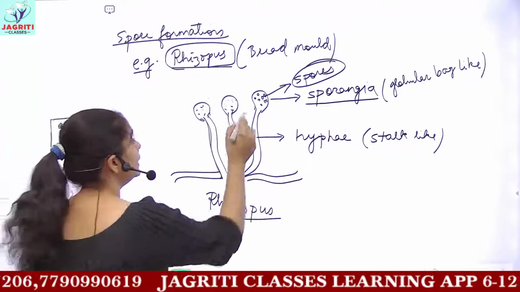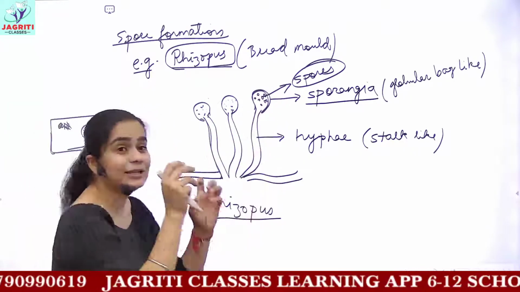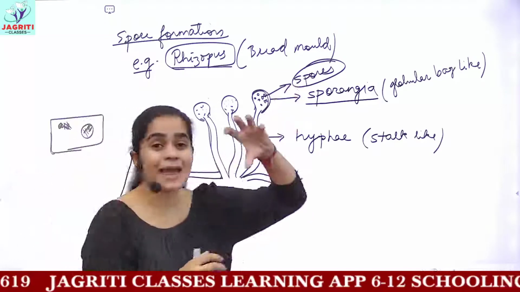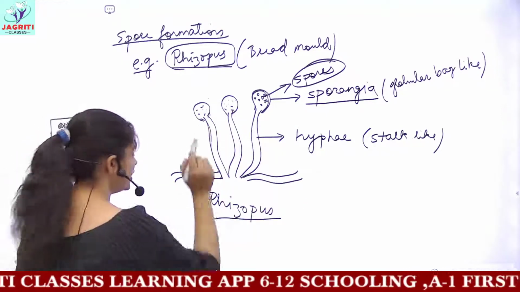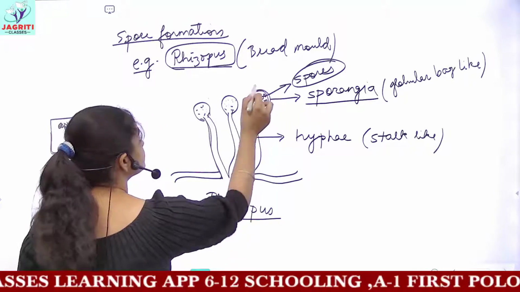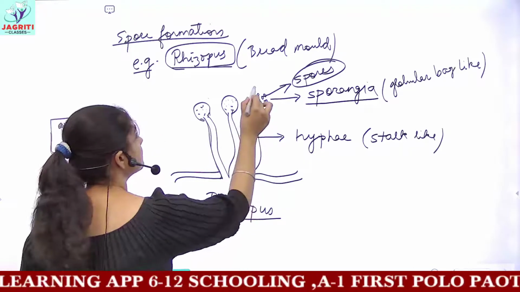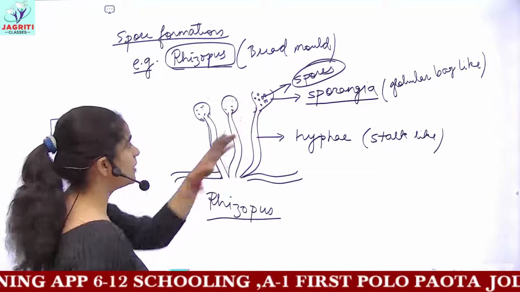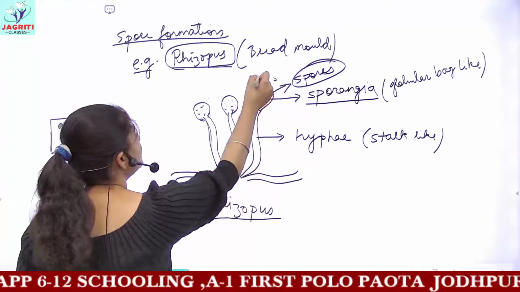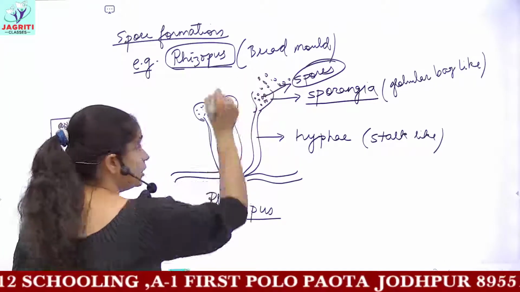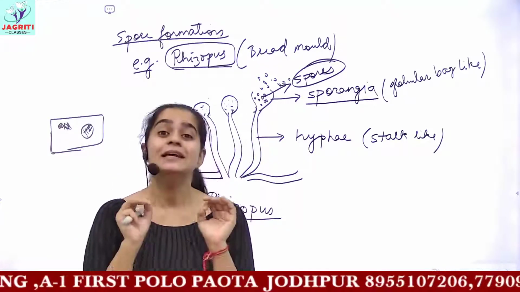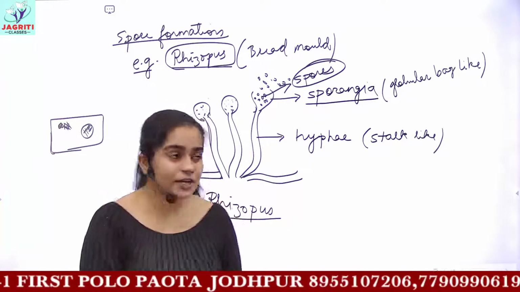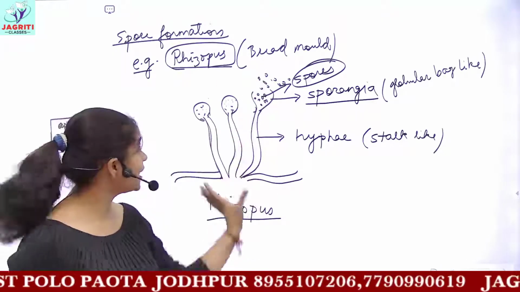Whenever under favorable conditions, the sporangia, which is your bag-like structure, bursts open, and once the sporangia burst, all these spores are liberated to the nearby surroundings, and these spores, once they get favorable conditions, that is enough moisture, then they grow into a new Rhizopus there.